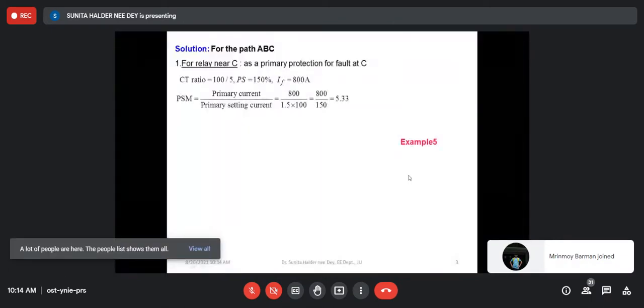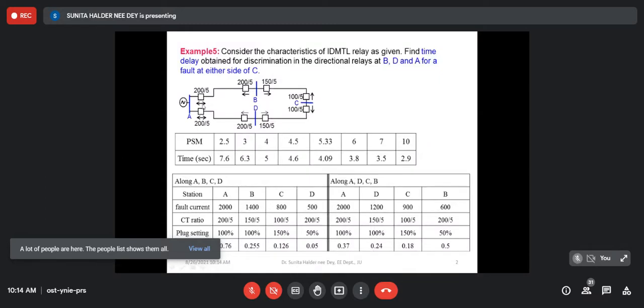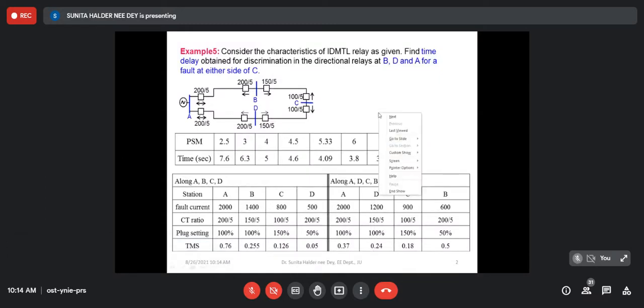So in this way, if we consider path A, this is A, right? So we are considering the path A, B, and C. So we have set this relay. Then next to this, which relay shall we set, near the bus B? Obviously, we shall set this relay, right?